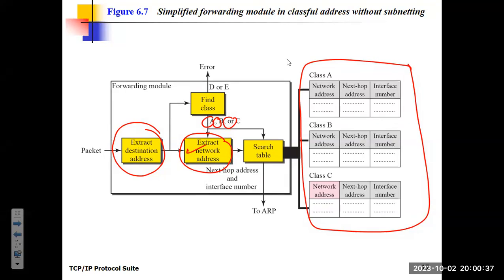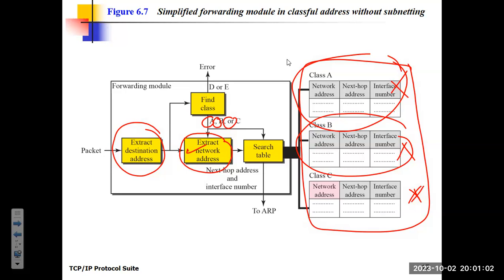If the IP address is class A, I just search here and don't worry about the others. If it's class B, I check there. So it saves time.